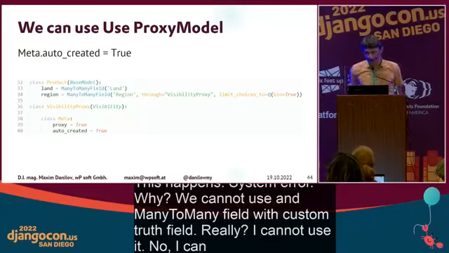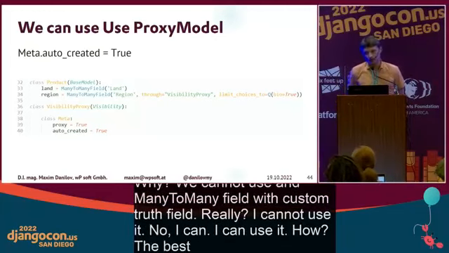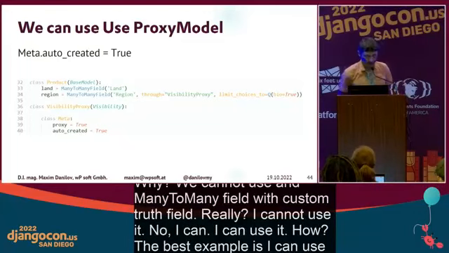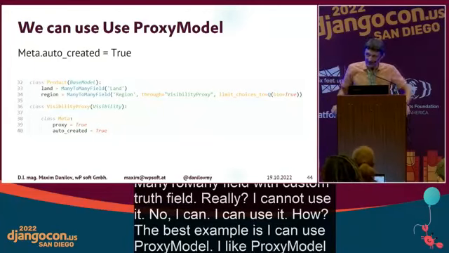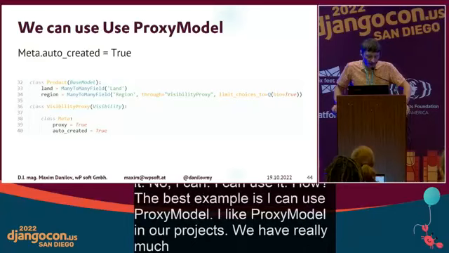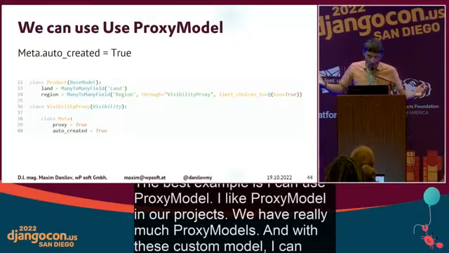How? The best example is I can use a proxy model. I like proxy models. In our projects, we have really many proxy models. And in this proxy model for the custom through model, I can declare it like an auto-created model. And what happens?